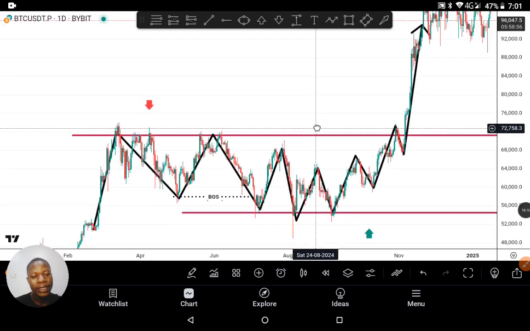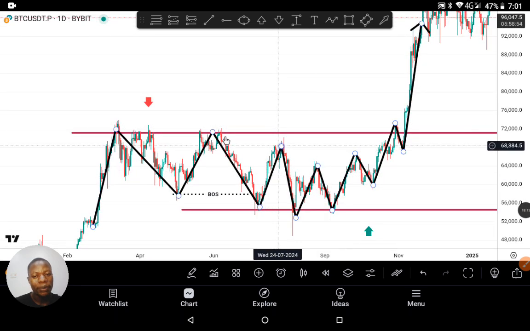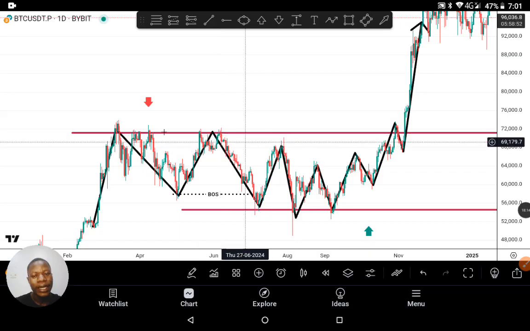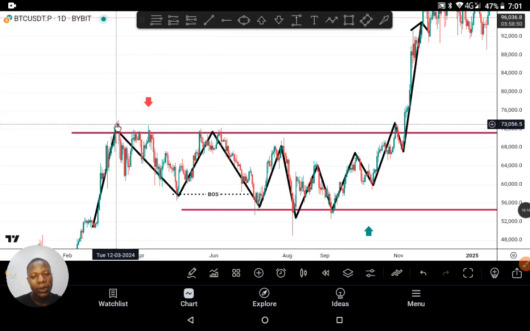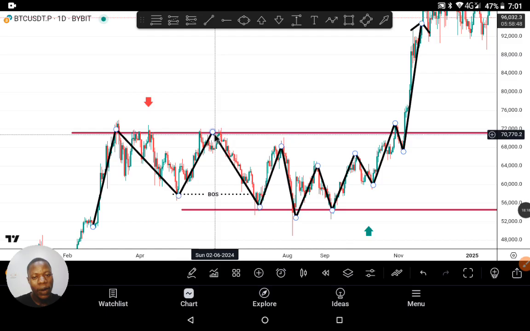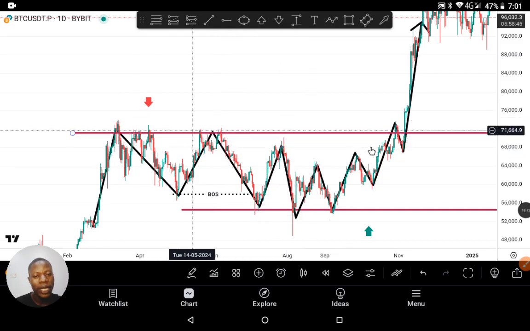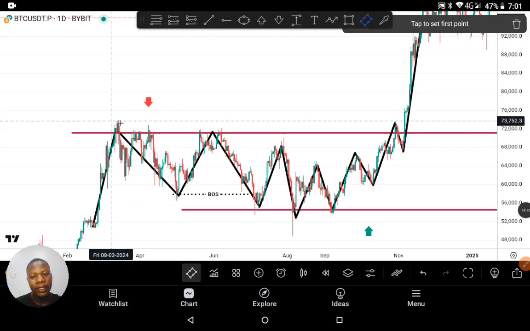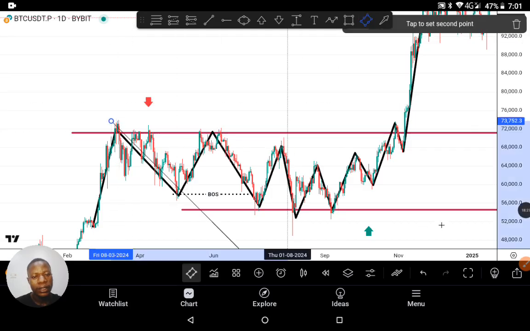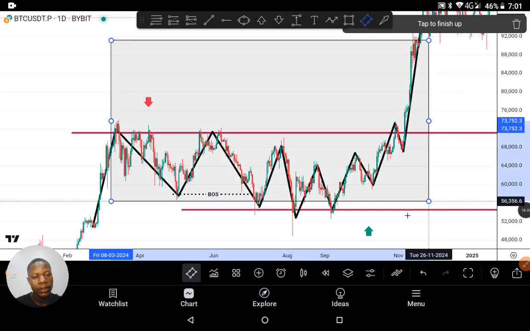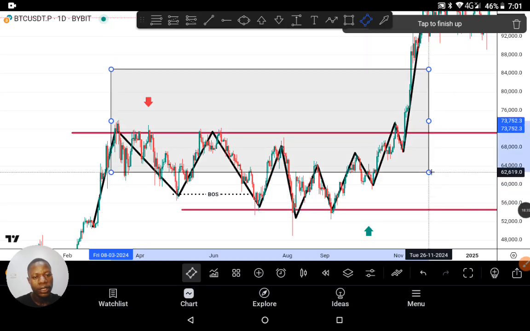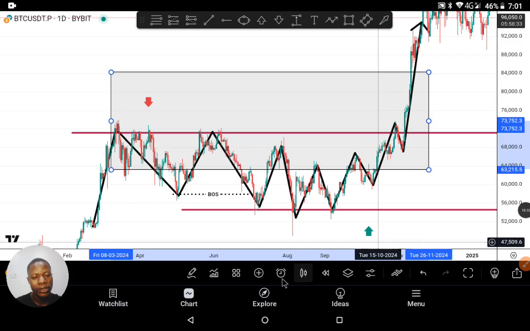That's why after the market went up, it gave us a lower high. And mind you, because of this lower high, lower high, lower high, what type of trend do we have here?